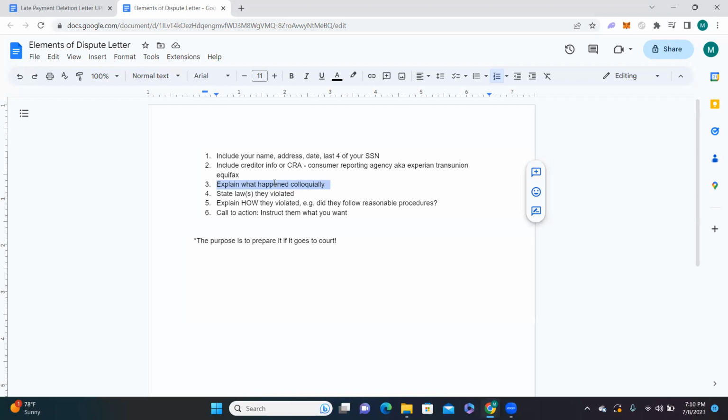So if you go to the congressional findings section of the Fair Credit Reporting Act, you just Google 15 USC 1681, and as soon as you click on the link, it's going to take you to the congressional findings section. You can look at 1681a number 4, which talks about how you have a right to privacy. So just explain that you pulled your credit report, and the simple fact of the matter is you didn't give them written instructions to put this on your report. So just as more foundational information.